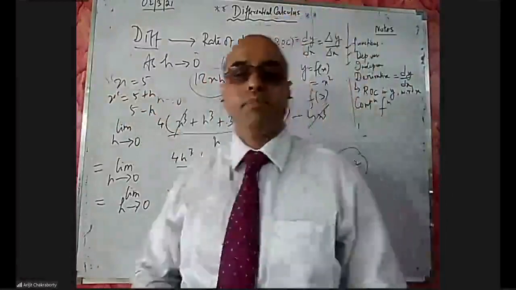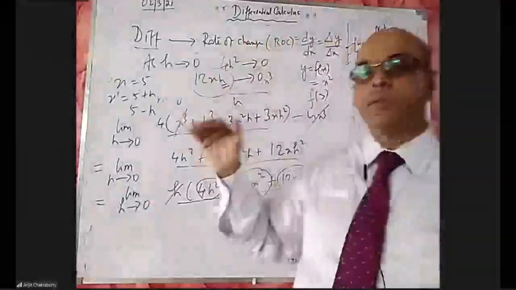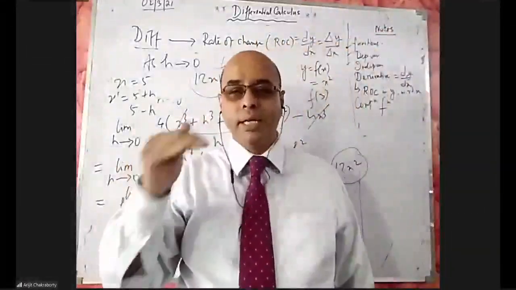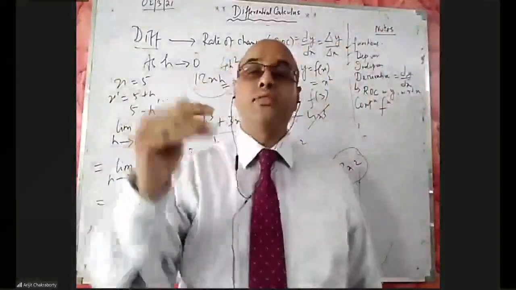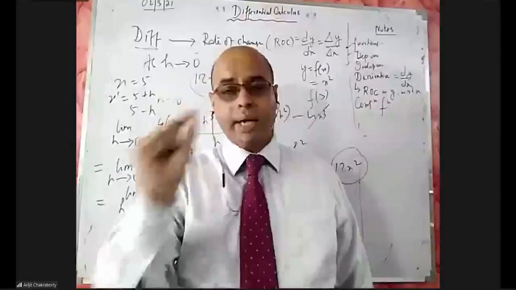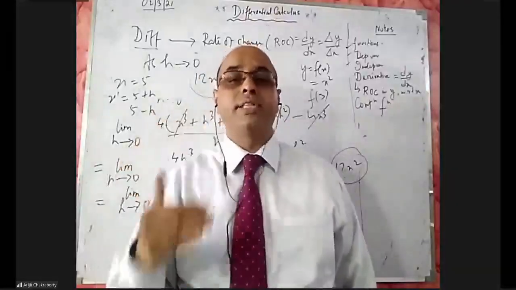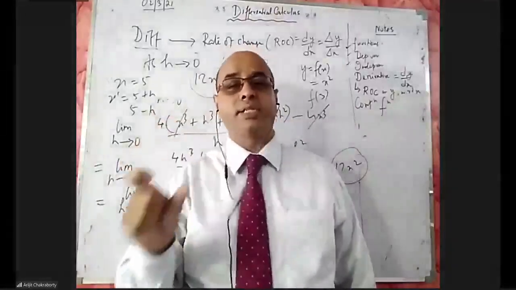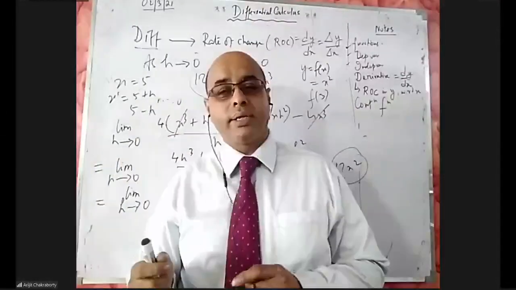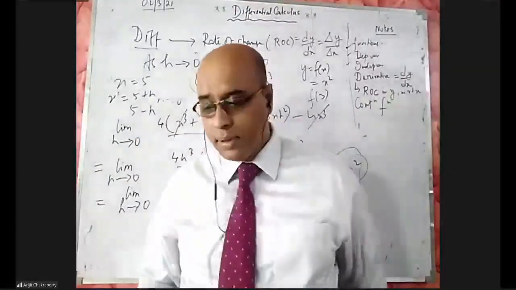But for simplicity, we are assuming that the value of x increases from 5 to 5 plus h. That h, the value of h, is very small. We call it infinitesimal. Infinitesimal means very, very small.